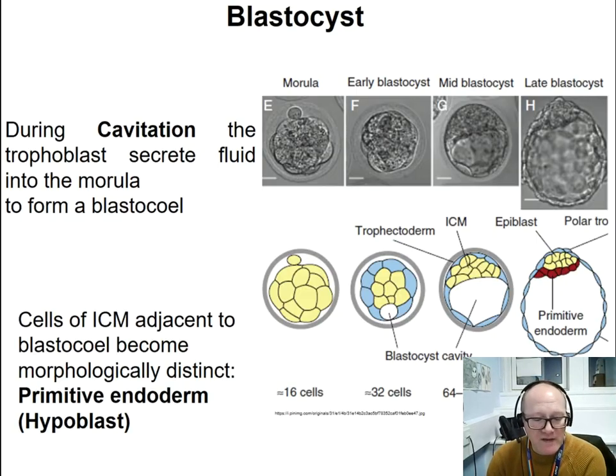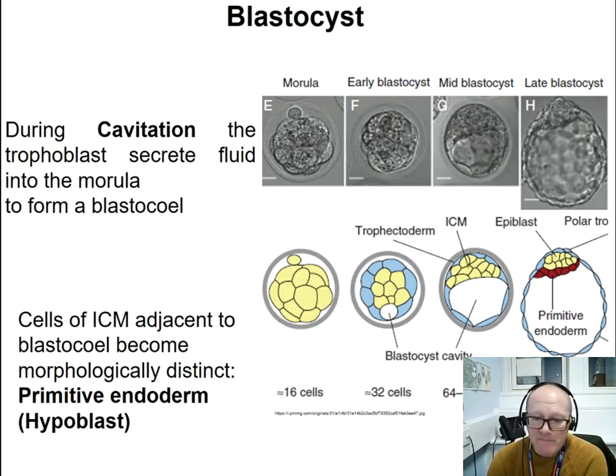When the cavity becomes quite big and the blastocoel is quite large and pushes the ICM toward one side, at one point we recognize two types of cells in the ICM. One group of cells of the ICM is not in contact with the blastocoel, or the blastocystic cavity, and this is called the epiblast.